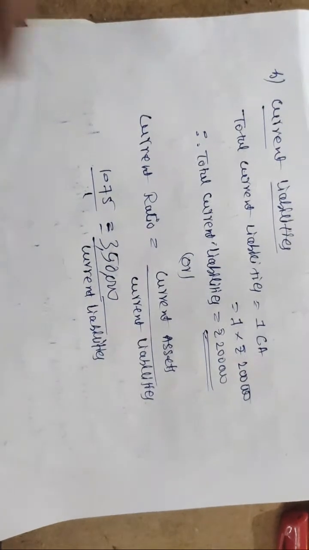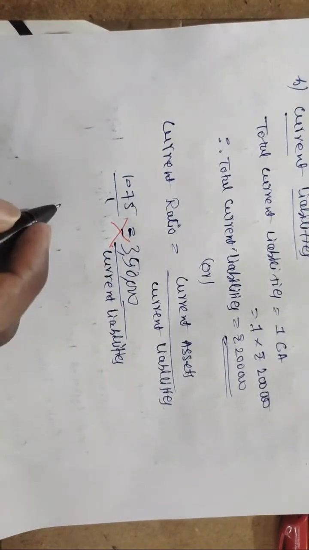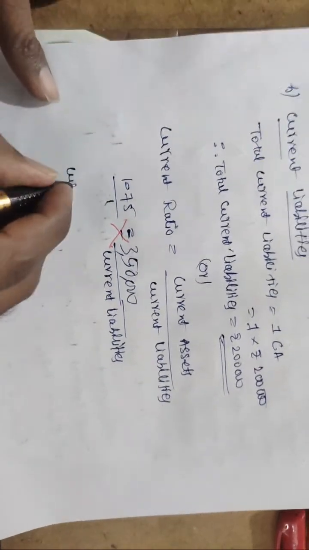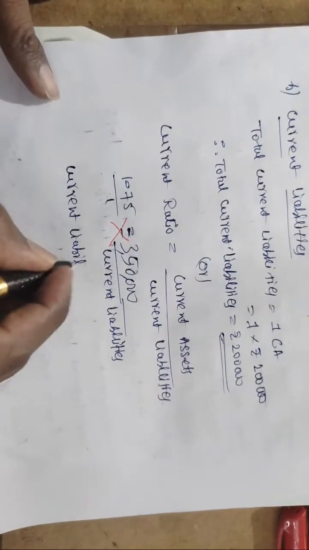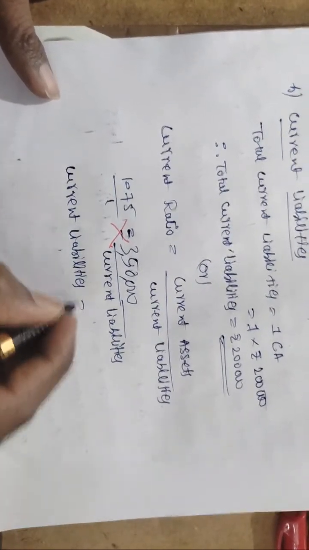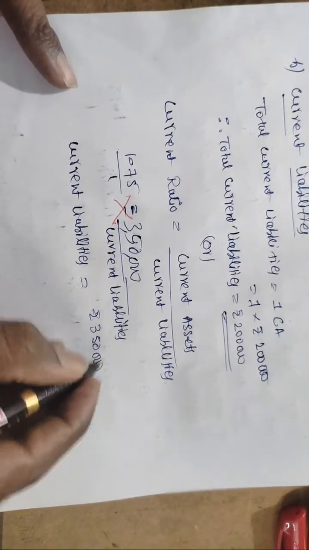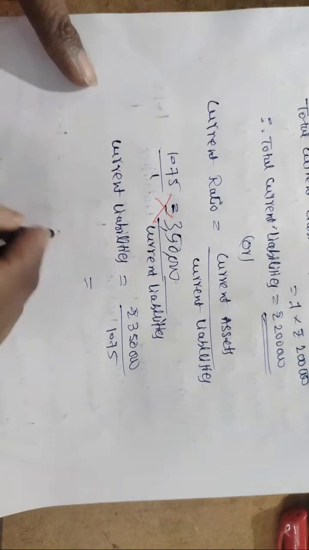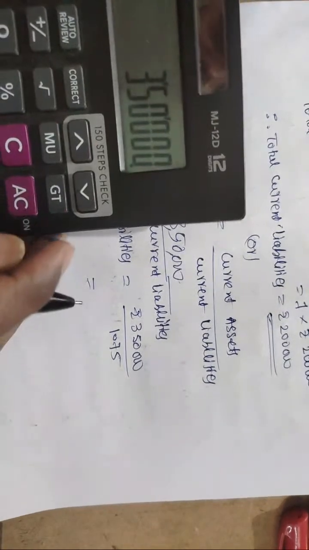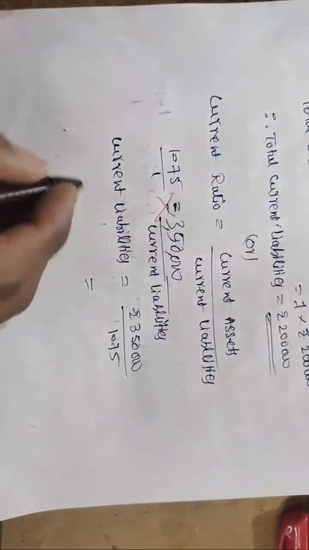If you do cross multiplication, current liabilities equals rupees 3,50,000 into 1, divided by 1.75. Then also you will get the same amount. See here, 3,50,000 divided by 1.75 is 2 lakhs.